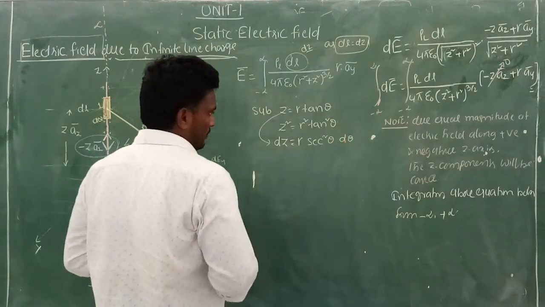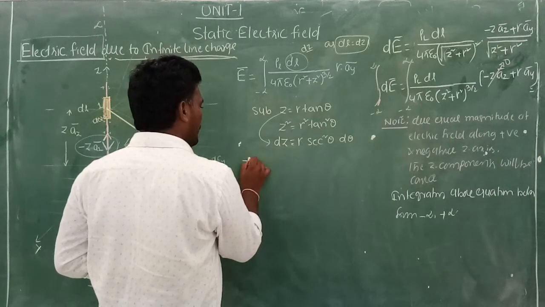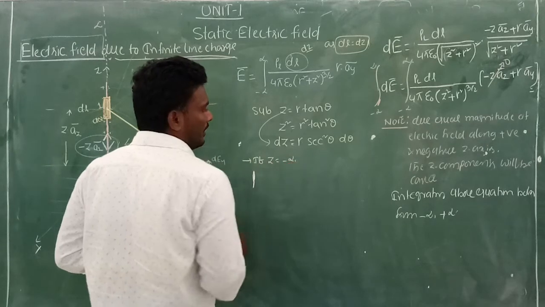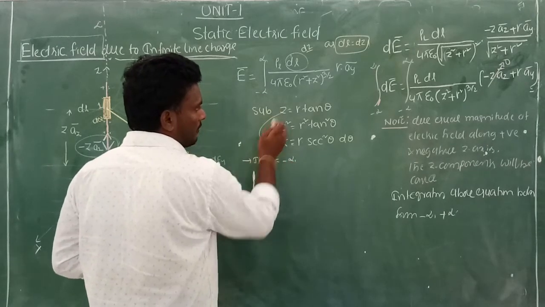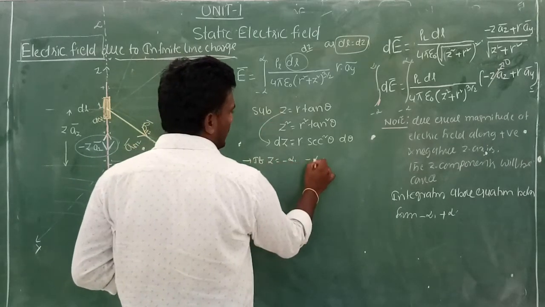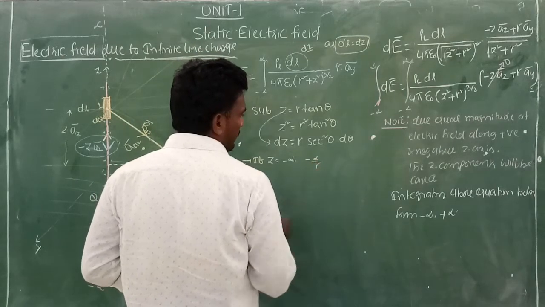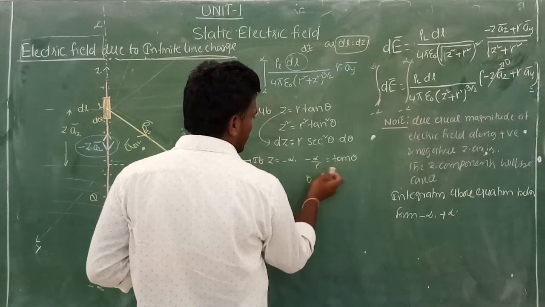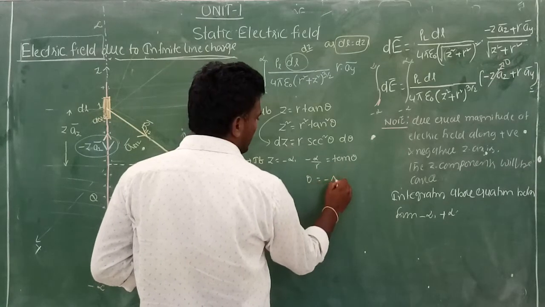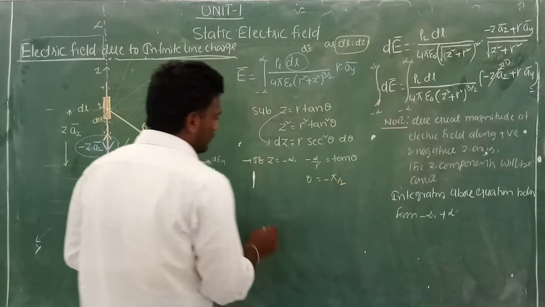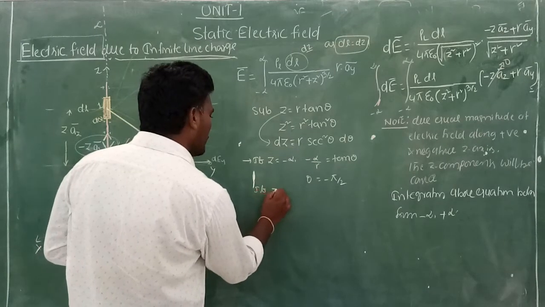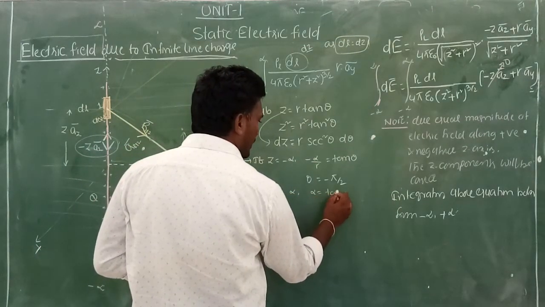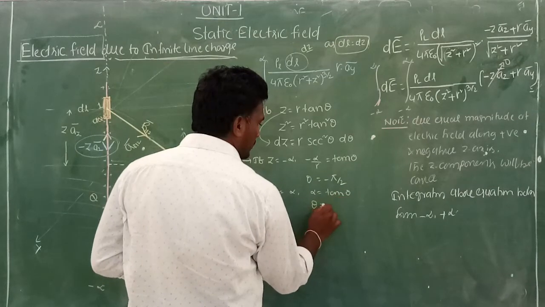Now, if z is equal to minus infinity, substitute minus infinity here. Minus infinity by r is minus infinity only, and tan theta, so theta is equal to tan inverse of minus infinity, that means minus pi by 2. And if z is equal to plus infinity, then theta is equal to plus pi by 2.